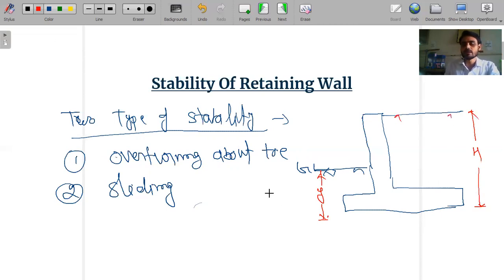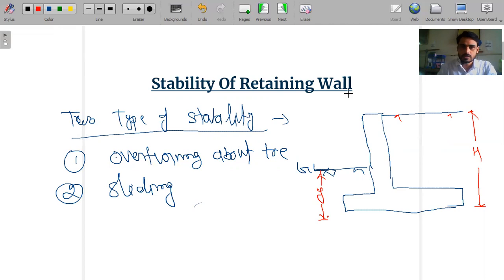This is the level of soil back filling. So how will the retaining wall overturn about the toe and how will it slide? Due to this earth filling or soil filling in backside, this soil which is filled in backside will exert a pressure on the stem, and that will vary from top to bottom in triangular form.